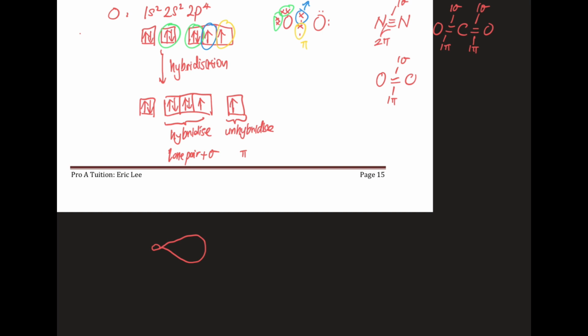This shape is because of this. The unhybridized one will look like the normal dumbbell shape. Let's say I use green color for the normal dumbbell shapes.